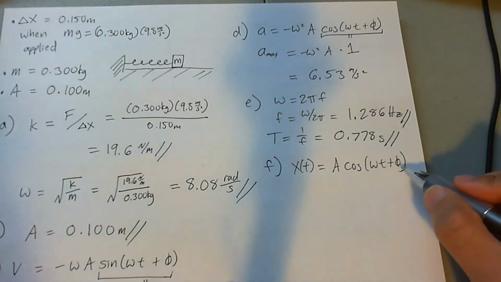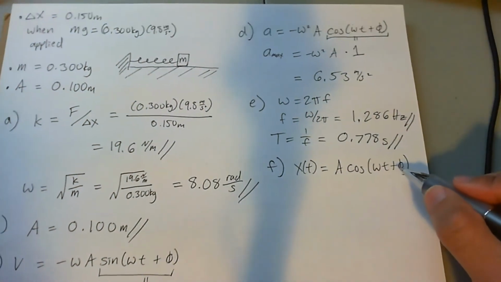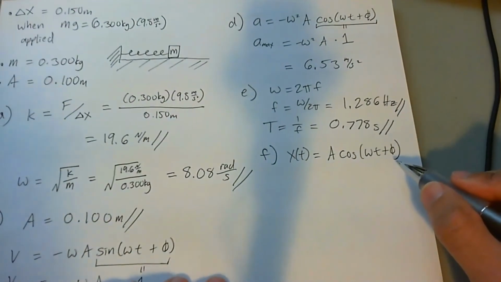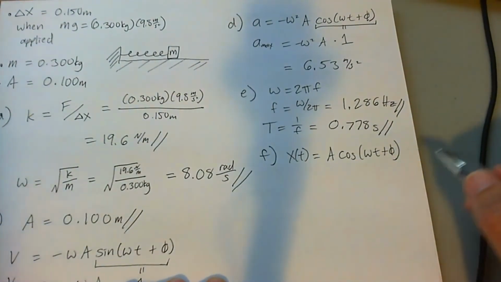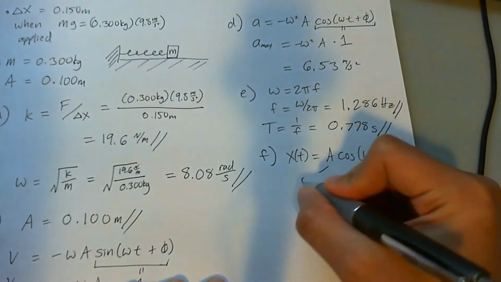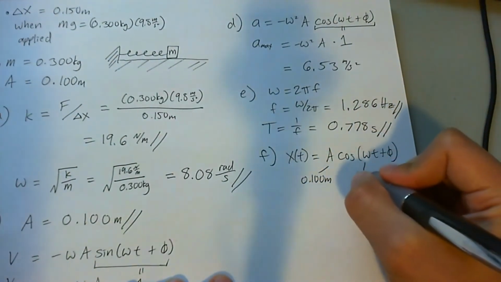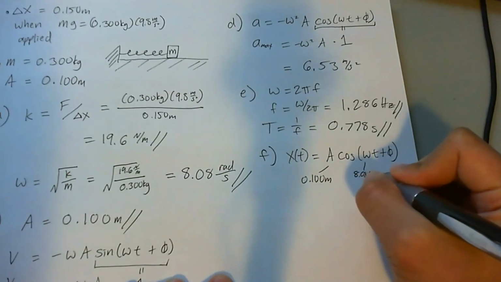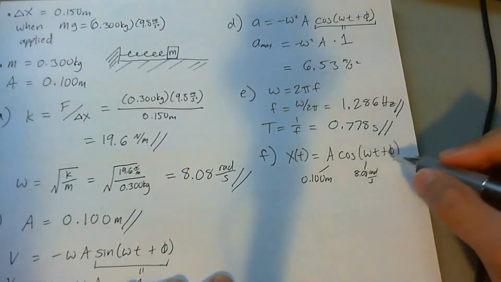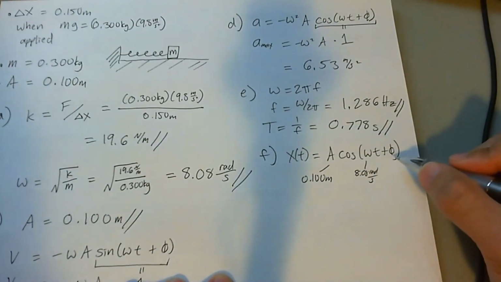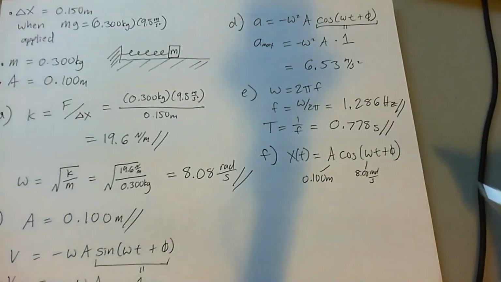Now this phi is probably the only reason why I did a video instead of just putting it on another slide. So we know what A is. We know A is 0.100 meters. We know omega is 8.08 radians per second. And we know t is just a variable. How do we find phi?